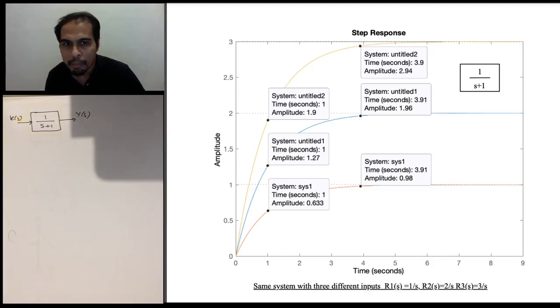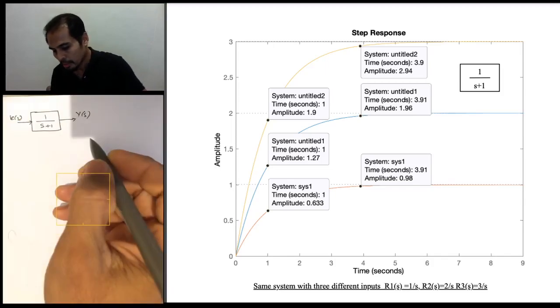Because those three parameters belong to the system, not to the input. Regardless of the input, the parameters will be the same. The only thing that changes is the steady state. The steady state will change according to the input. If the input is higher, the steady state will be higher.